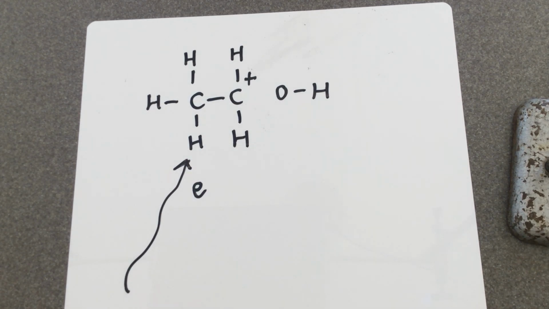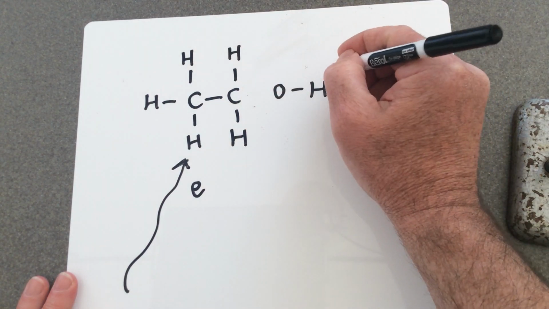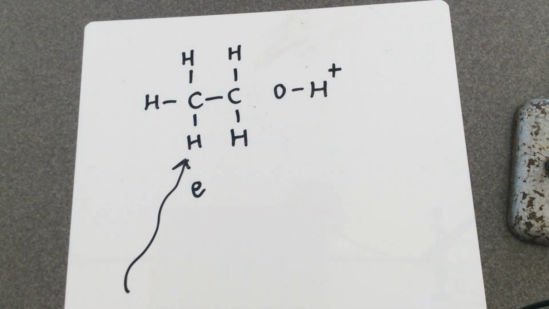This is called a fragmentation ion. I could have formed this ion, or alternatively, I could have formed this ion. The molecule can break in lots of different places, so you can get lots of different fragmentation ions formed. Okay.